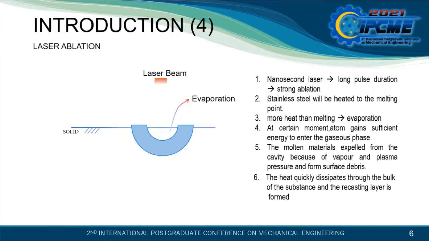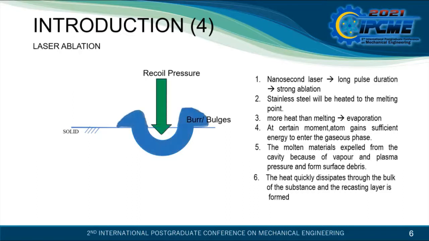Because of the laser pulse energy absorption, the molten material is expelled from the cavity because of the vapor and plasma pressure and forms surface debris. At the end of a pulse, the heat quickly dissipates through the bulk of the substance and the recast layer is formed.